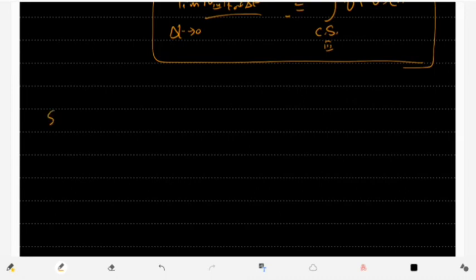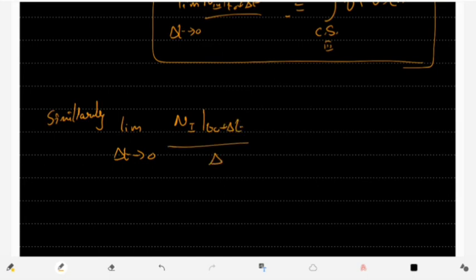And now similarly, for limit delta t tends to 0 for N1 at t naught plus delta t by delta t, sorry, delta t exists, equals minus integral of control surface 1 eta into rho into v bar dot dA bar.